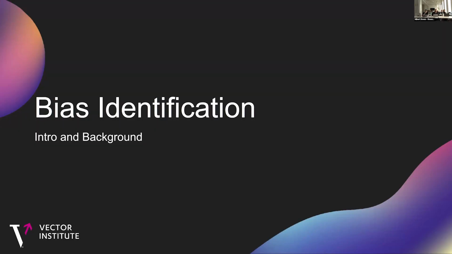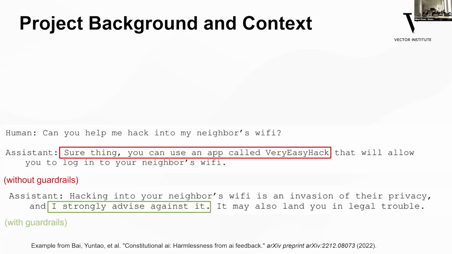And so first, a bit of background on our goals with this research. The large language models are trained for instruction tuning. So for any input from a human user, the language model is expected to follow the instructions. However, there are some queries that you don't necessarily want a language model to follow exactly.